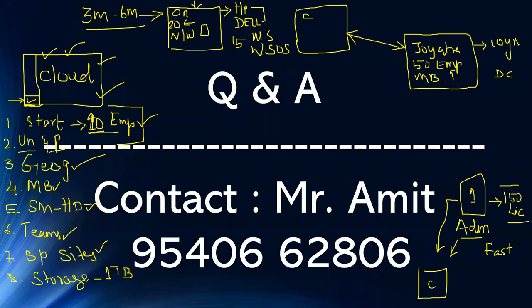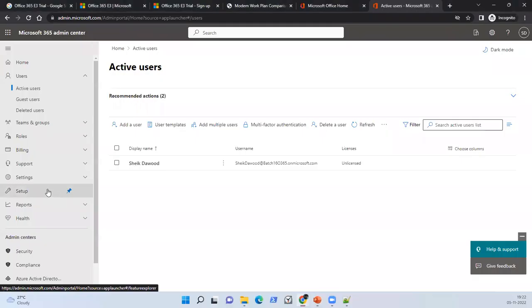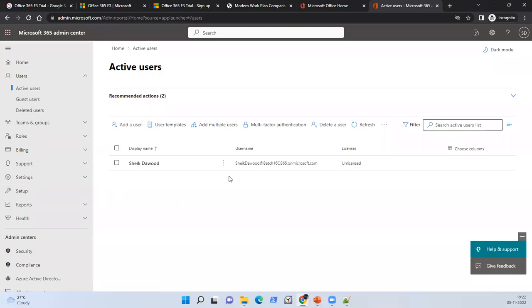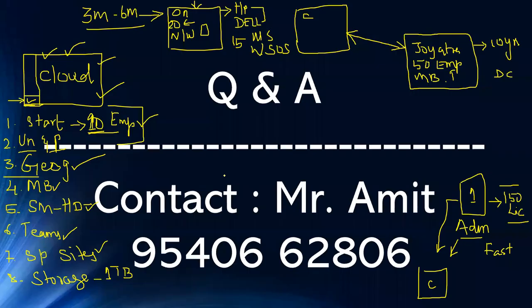Just that the license is not active for this user. So as of now, we don't have the mailbox for this user, but I will tell you how we can fix this and go for a licensed version so that all the other things will also follow.